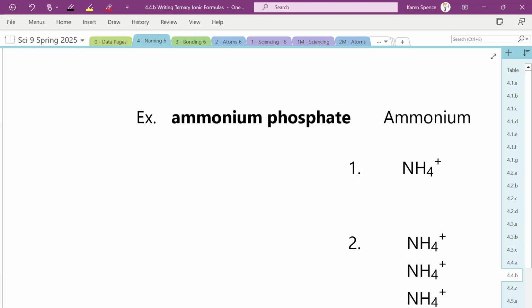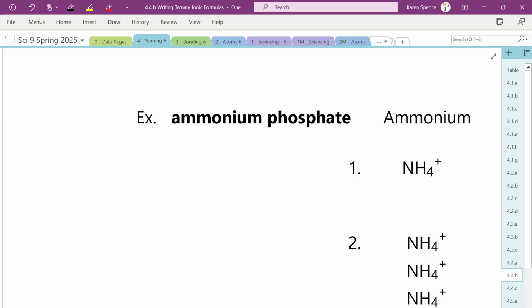All right, do we have any others? Ammonium phosphate. Lots of people go, oh no, I cannot find ammonium. Everybody go and find ammonium now. And then once you've found it, hold up your piece of paper and point to it. Yep, got it.